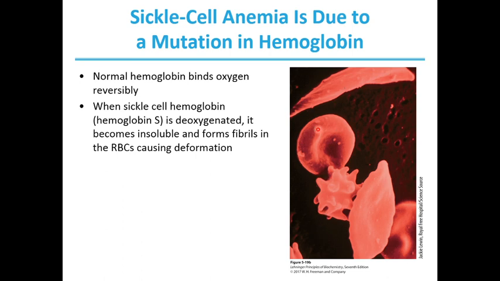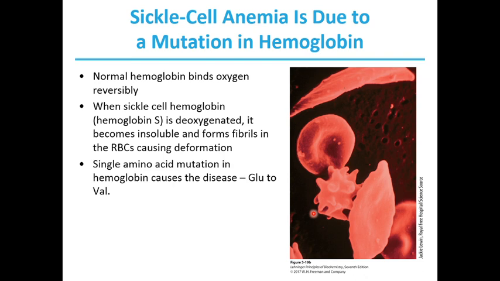This is a normal hemoglobin, and this is deoxygenated hemoglobin S, which has just formed fibrils. This is caused by a single amino acid mutation in hemoglobin, and that is the cause of this hereditary disease.